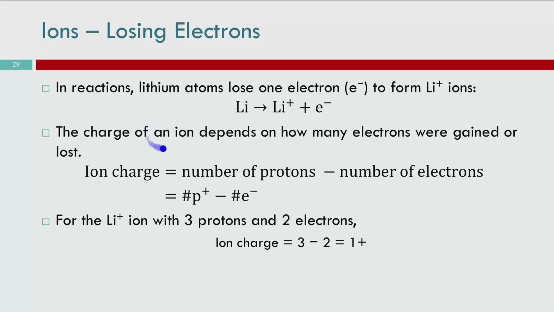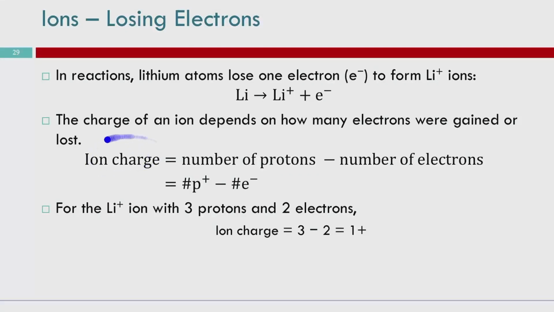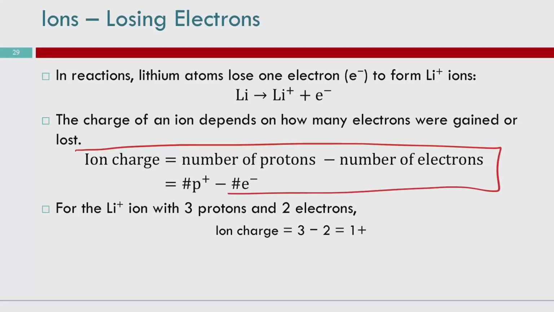The charge of an ion depends on how many electrons were gained or lost. We can calculate ion charge. The simplest way to do it, if we're going to do an equation, is number of protons minus number of electrons.